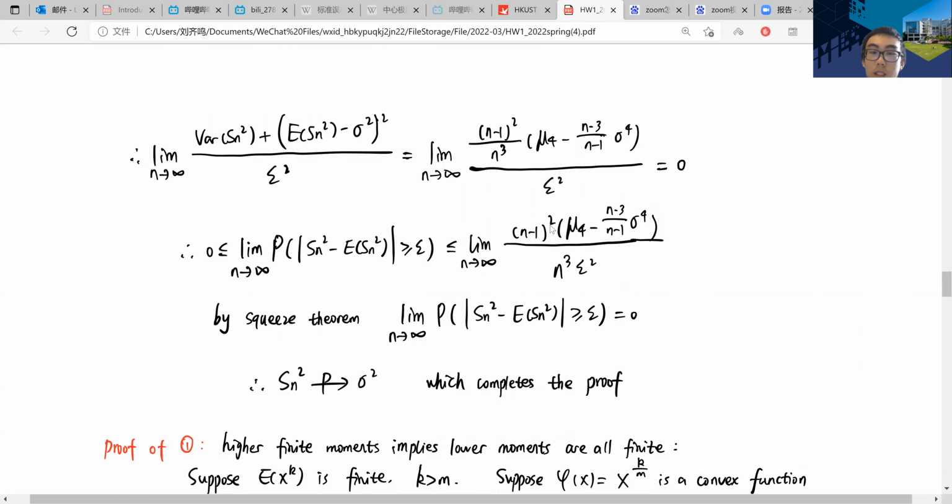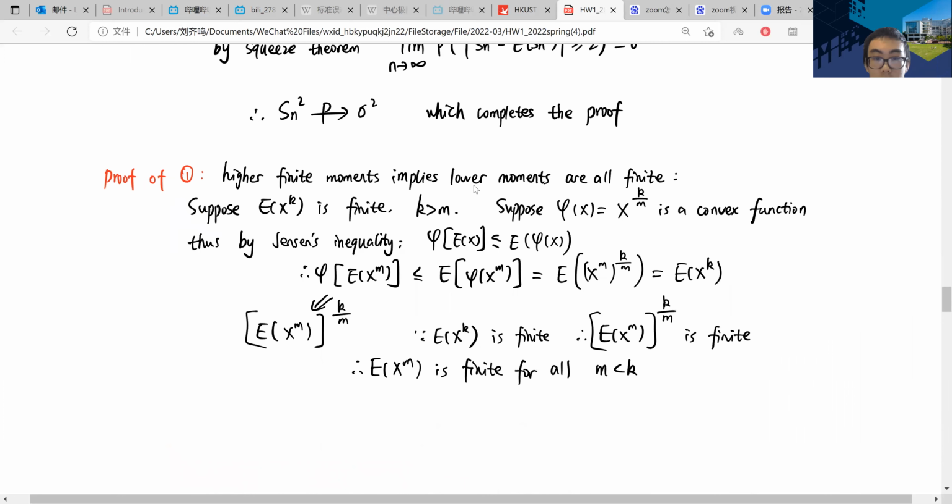So by the sandwich theorem, this inequality holds, so the limit goes to 0. Which finishes the proof that Sn squared converges in probability to sigma squared. And here is the Jensen inequality to prove that any higher finite moment implies all lower moments are also finite.